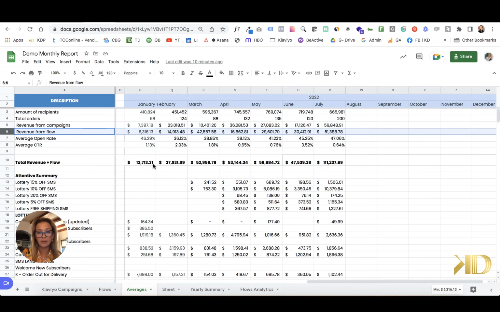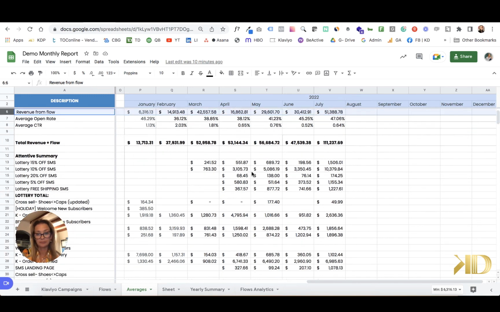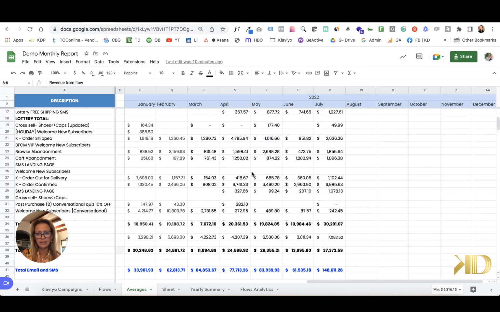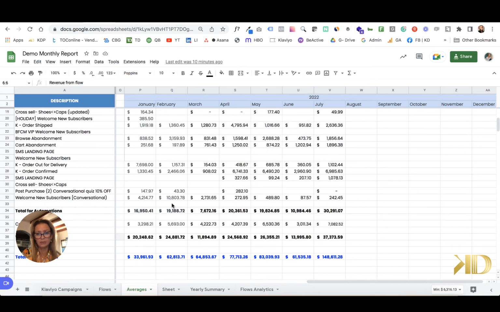In this case, when I'm looking at my numbers, they are actually growing. Maybe June was a little bit lower, but then July was very, very high. So I feel like we are trending up, and I'm happy with it. And then when I'm looking at Attentive, I have it also broken down by automations and by total Attentive, and it also gives me an idea whether we're trending up or not.